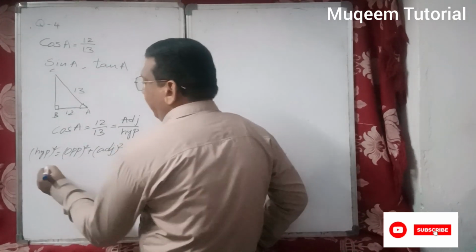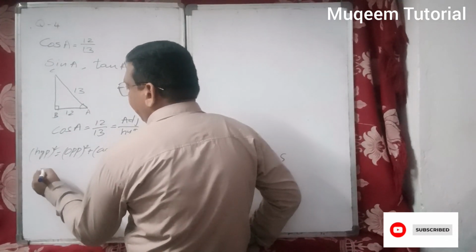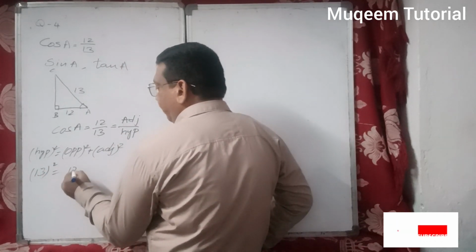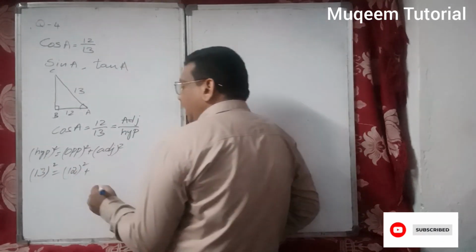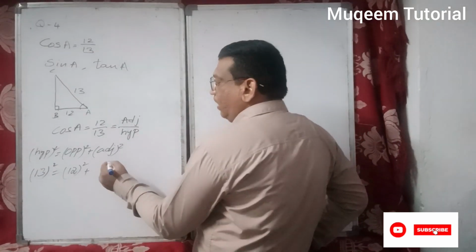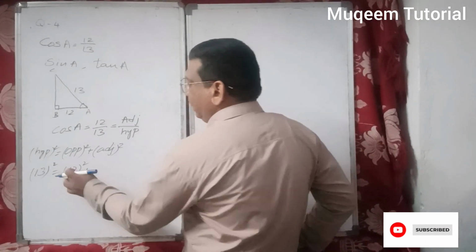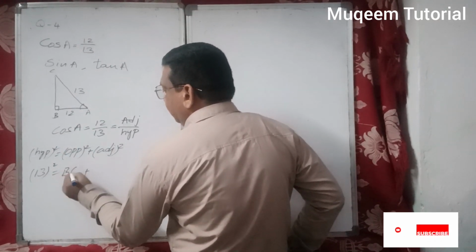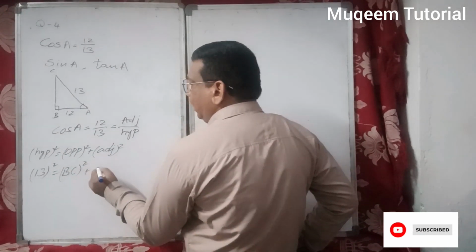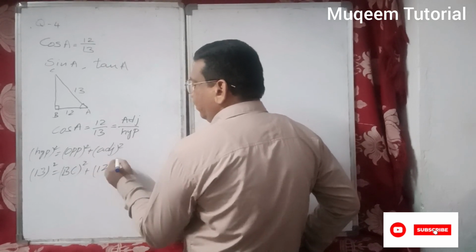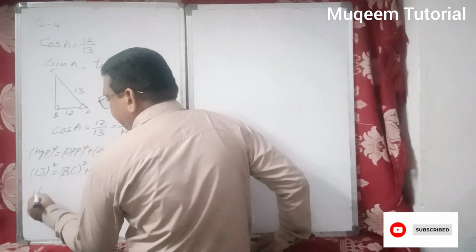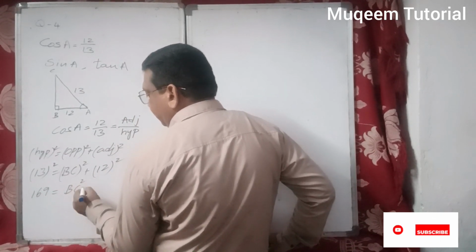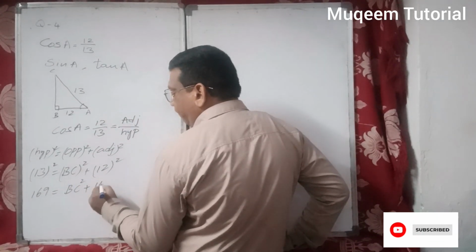So hypotenuse is given, 13 square is equal to opposite, which is BC square, plus adjacent is given, 12 square. 13 into 13 is 169, 12 into 12 is 144.